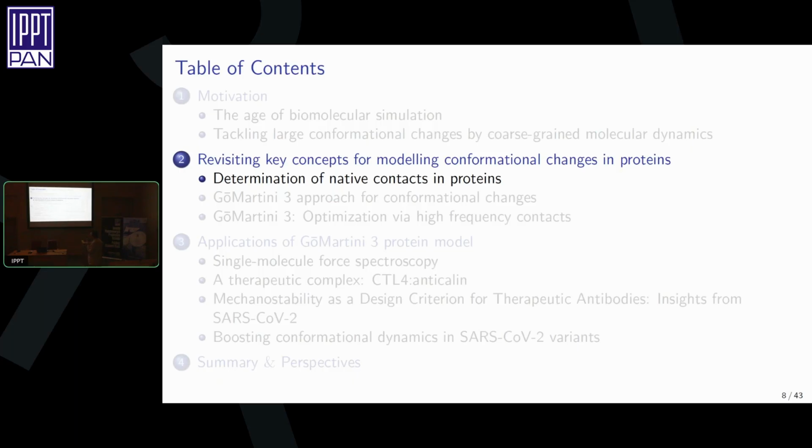So once again, I need to explain a little bit about the methods that we have developed. Everything is rooted in the idea of the native context in proteins. It's a very robust idea that can also be extended to different biomolecular systems, even nucleic acids.